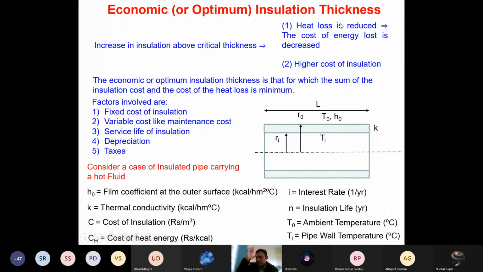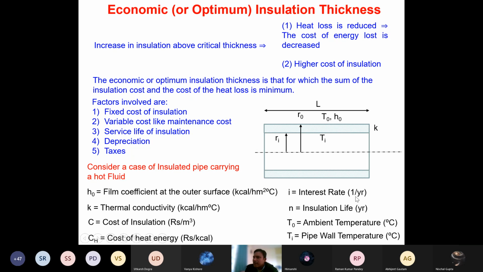Again, let's look at the same system. H0 is the film coefficient at the outer surface. K is the thermal conductivity of the insulation, in kilocalorie per hour per meter degree Celsius. C is the cost of insulation, and CH is the cost of heat energy, rupees per kilocalorie. Heat transfer coefficient H0 is kilocalorie per hour per meter square degree Celsius.